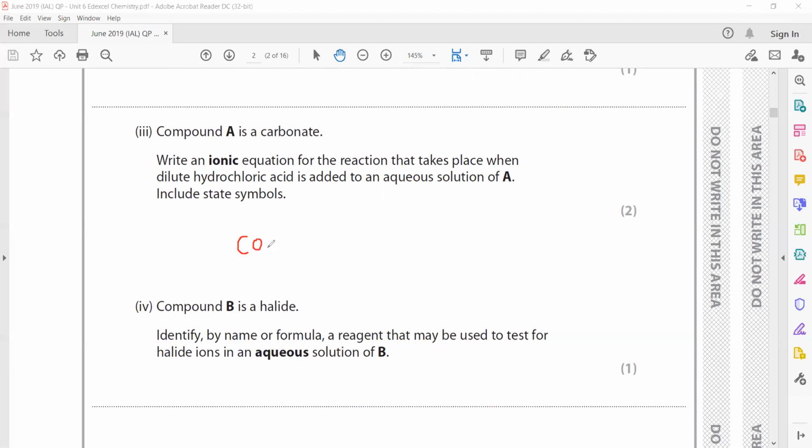CO3 with a charge of 2-, reacts with hydrogen ions from the acid, and it results in the formation of carbon dioxide plus water, H2O. An equation must be balanced, so we have sodium carbonate aqueous, hydrochloric acid aqueous, carbon dioxide as a gas, and water as a liquid.